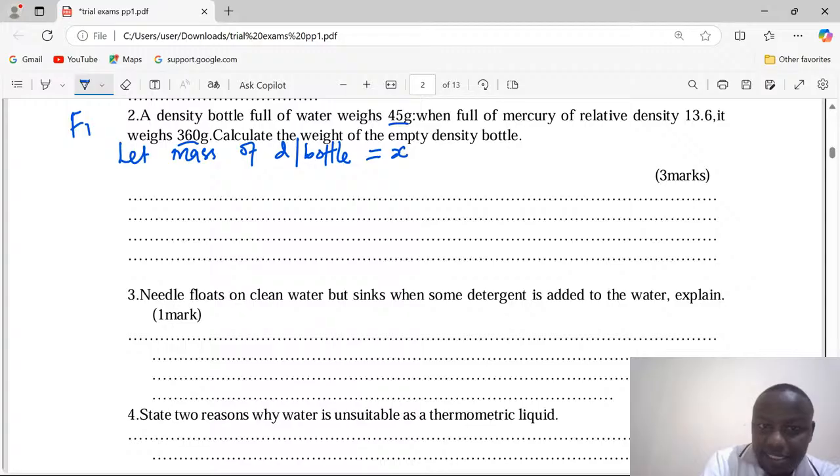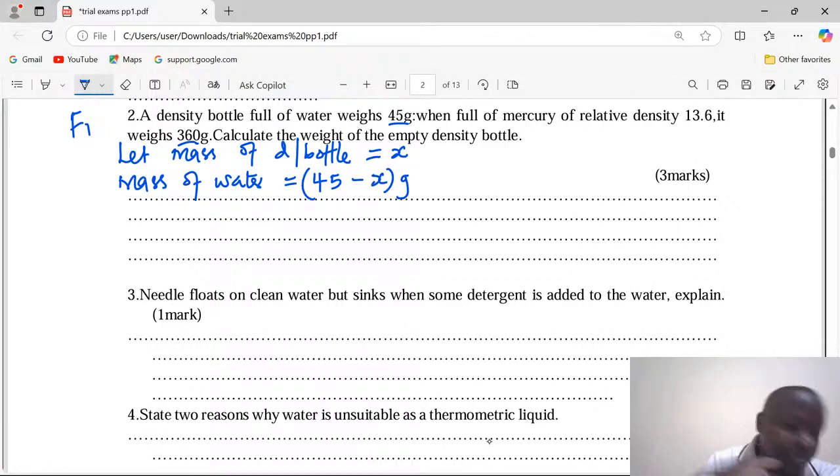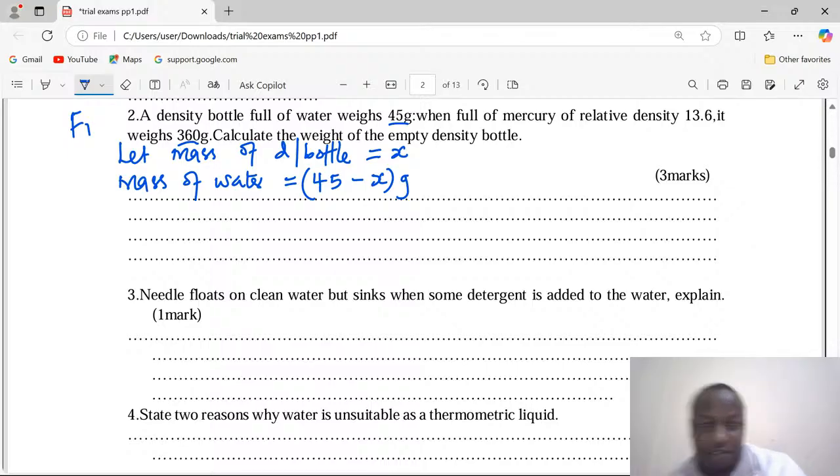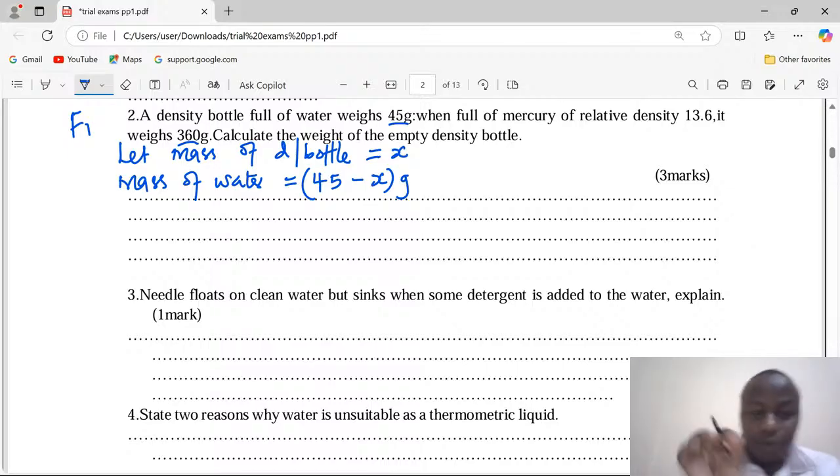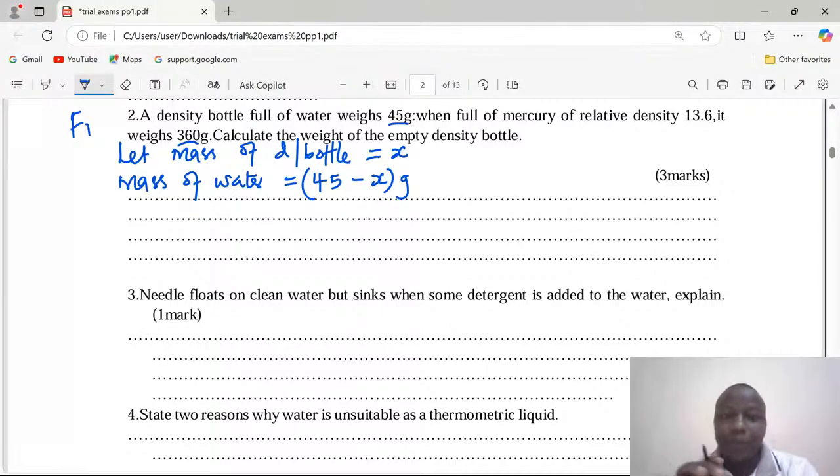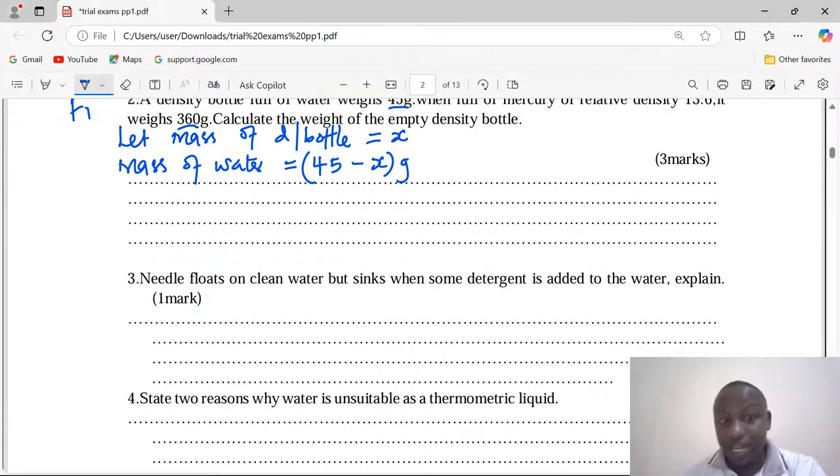If it's x, then we can say mass of water will be equal to 45 minus x. These are grams. Because when the density bottle is having water, it weighs 45, and when empty, it's weighing x. Then the mass of water will be that one.